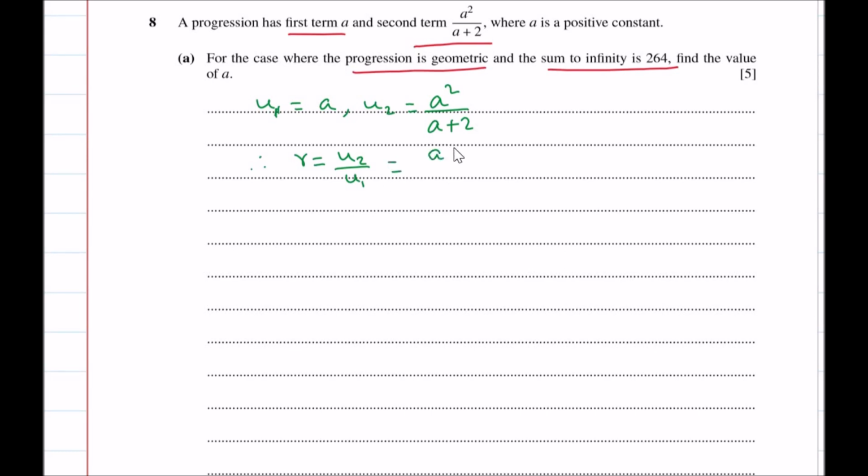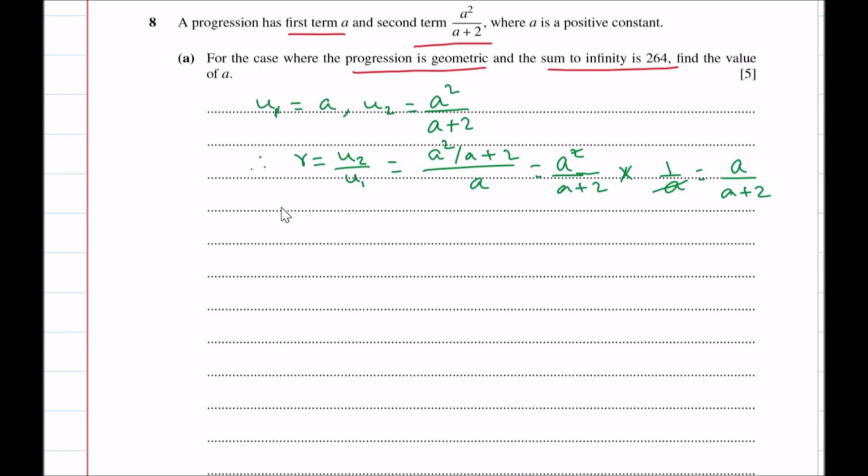So we have a square by a plus 2 divided by a. If you divide this, we can get a square by a plus 2 into 1 by a. The a power cancelled out, so we are left with a by a plus 2. Okay, r we got.